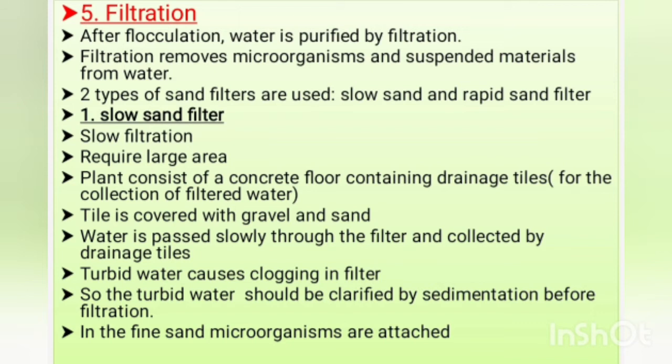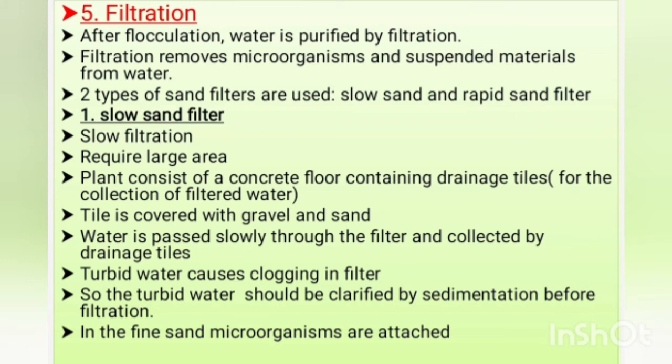The drainage tiles are covered with gravel and then sand. The water is passed slowly through the filter and collected by the drainage tiles, which is pumped into a reservoir.